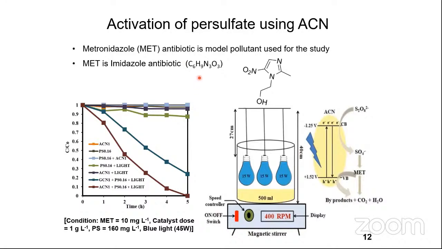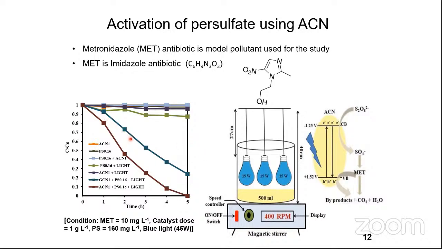To check the persulfate activation ability and compare, we took a model pollutant, metronidazole, an imidazole antibiotic. As you can see in this experimental setup, three blue LED lights of 15 volt each, and 500 ml of solution with 10 mg per liter of MET and 1 gram per liter of the prepared catalyst were taken.